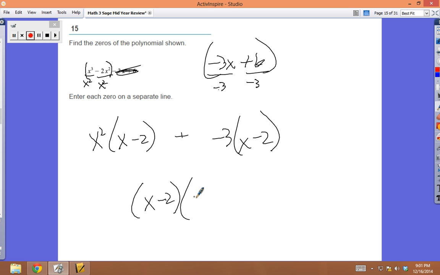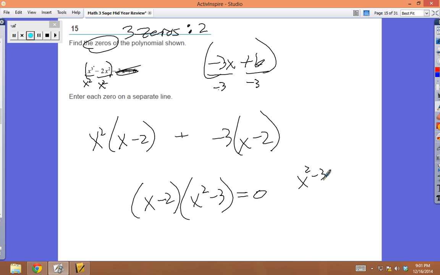The other one is going to be x squared minus 3. So the zeros, I know because it's a cubic that there's going to be 3 zeros. And one of them is 2, because if I put a 2 in here, 2 minus 2 is 0. And the other one is what will make this a 0. So whatever I square, it's got to be 3, because 3 take away 3 is 0.